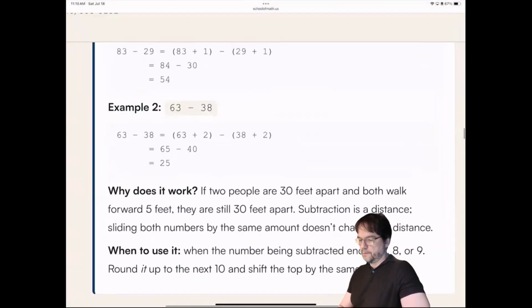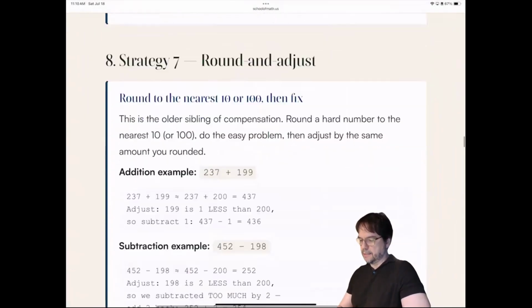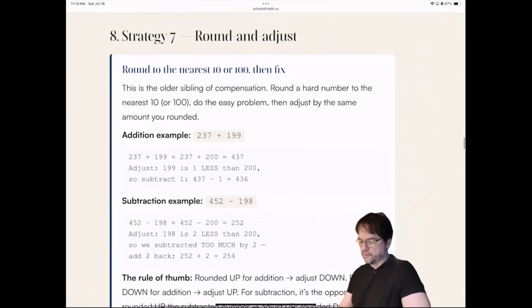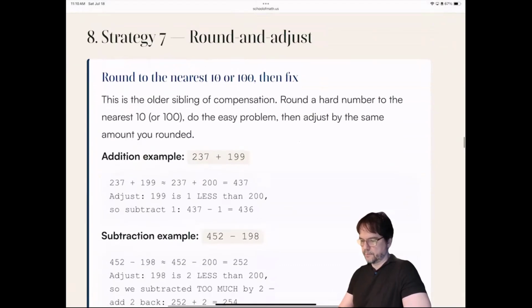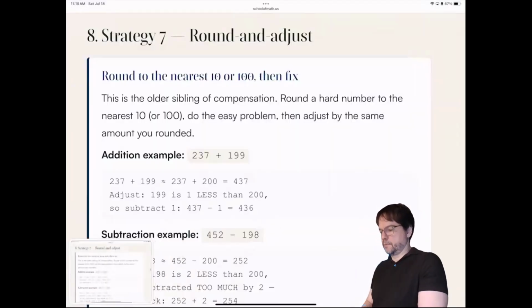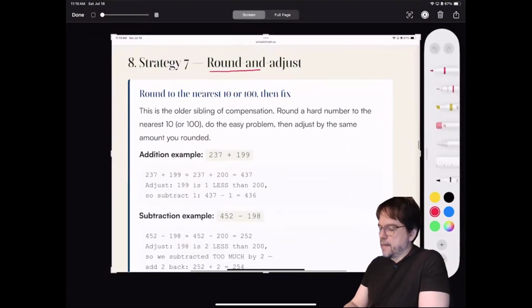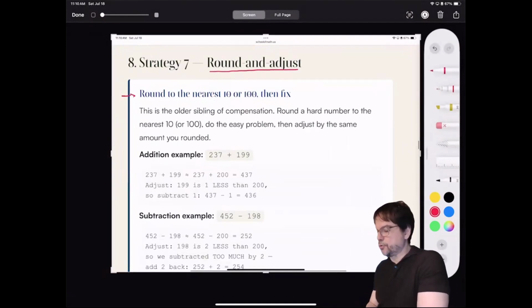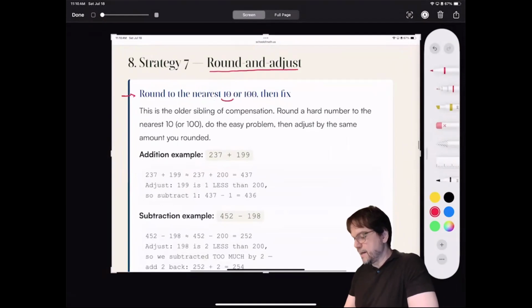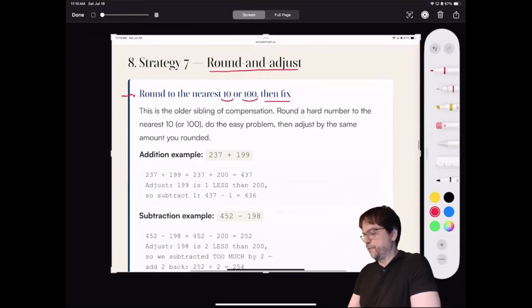Okay. So now let's go to strategy 7. Round and adjust. Let's see what this is. Round to the nearest 10 or 100, then fix.